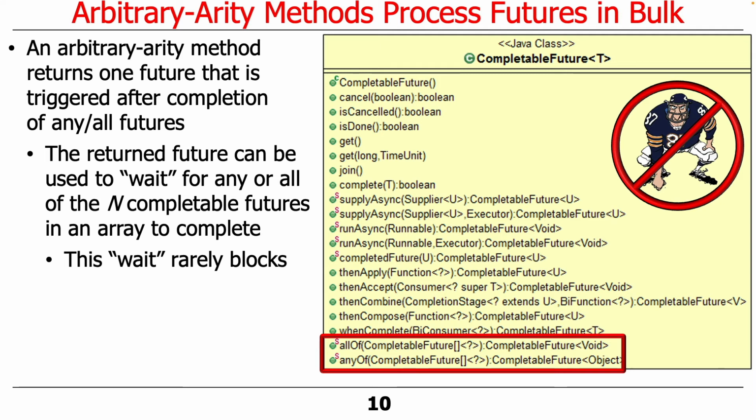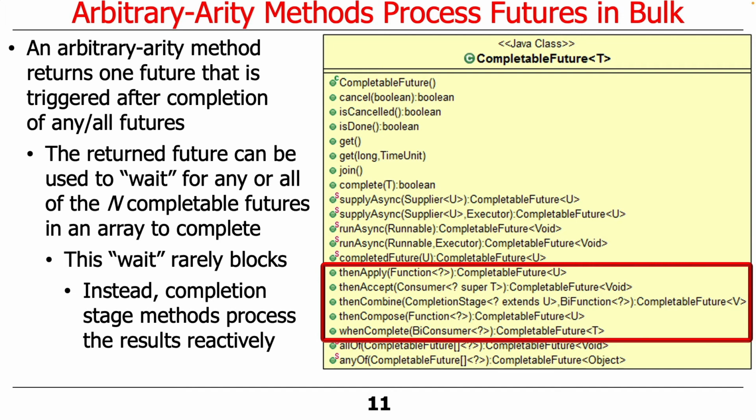Instead, you use a completion stage method, like thenApply or whatever, to process the results reactively as all the other things complete. So it's a really cool feature. It's very much like the wait for multiple objects method that's available in the Windows API. It's a little bit like the select or poll methods in the Unix or POSIX API. Not quite as much like that, more like wait for multiple objects.